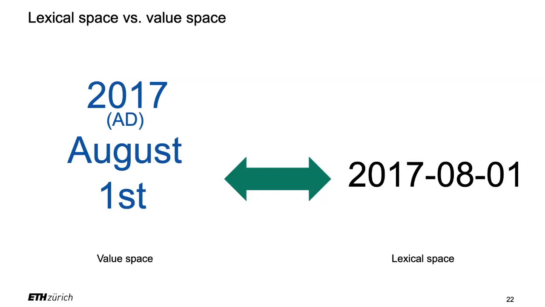You have 4 digits for the year, then a dash, then 2 digits for the month, then a dash, and 2 digits for the day, right? So if you have 2017-08-01, that's actual text, that's in the lexical space. In the value space, logically, this is the August 1st, 2017-ness that is actually meant here. That's the logical concept of August 1st, 2017. For whom is that clear?